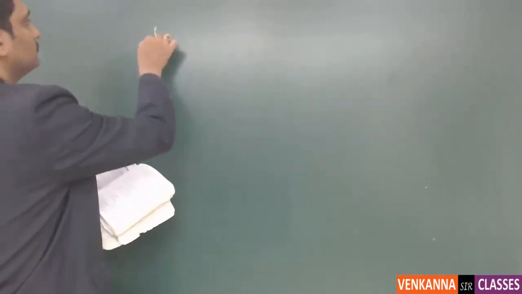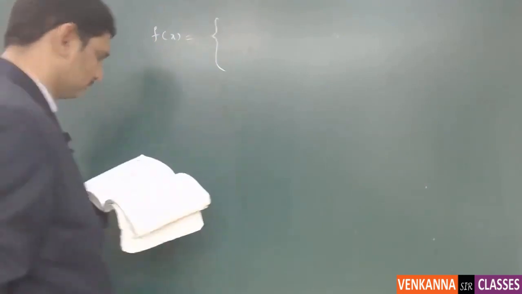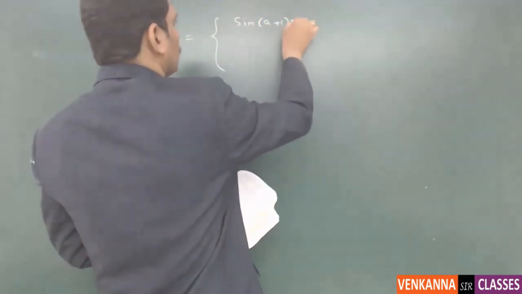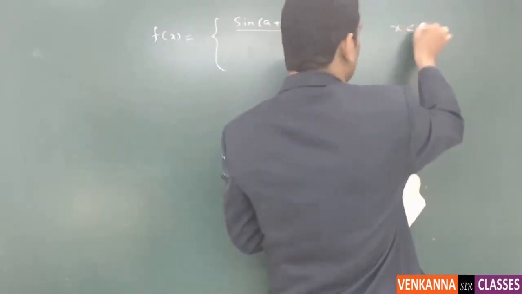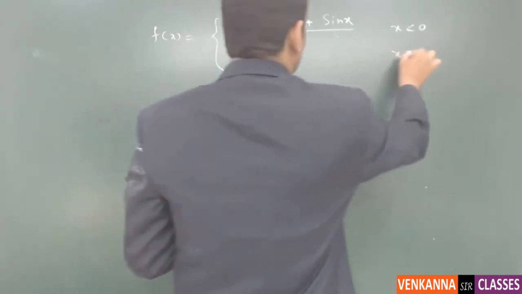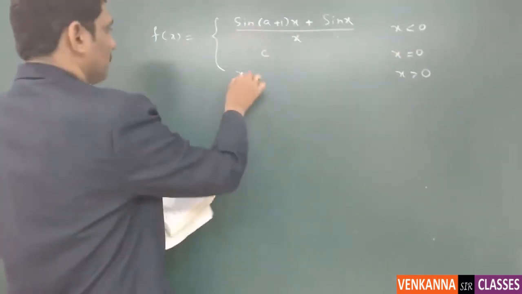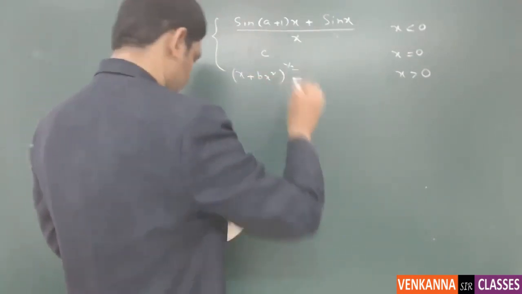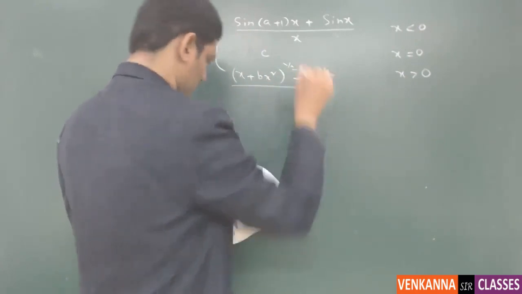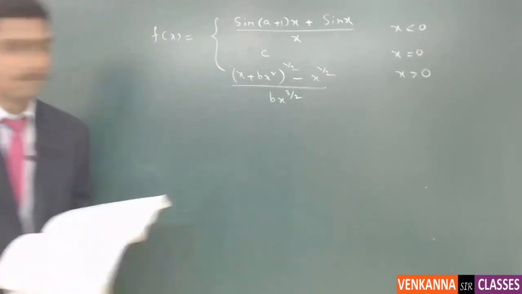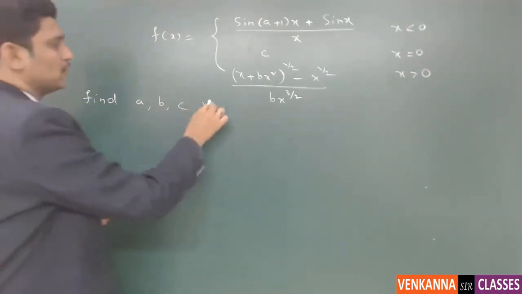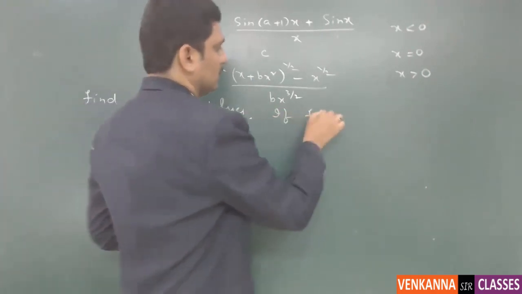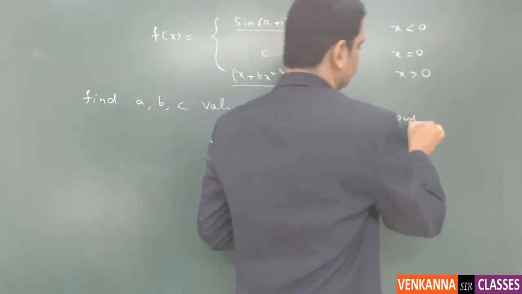Suppose the function is defined in this manner. Find A, B, C values if f is continuous at 0.